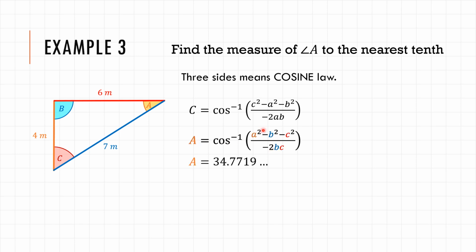Now remember, if I put all of this into my calculator all at once, so I put 4 squared minus 7 squared minus 6 squared, all of that divided by negative 2 times 7 times 6. And then once I get that answer, do the cosine inverse of it to find out that angle A is about 34.8 degrees. That's to the nearest 10th.